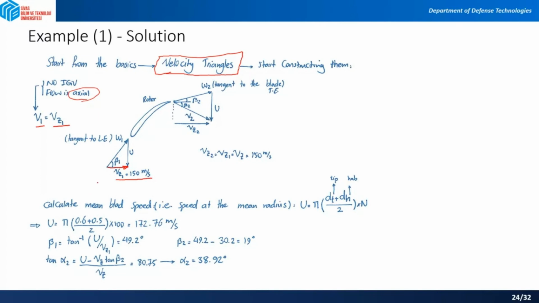So your alpha 1 is 0, right? Your alpha 1 is 0. And then it leaves the rotor with beta 2 and alpha 2. And the question says that there is no difference between VZ1 and VZ2, so all of them are 150 meters per second.